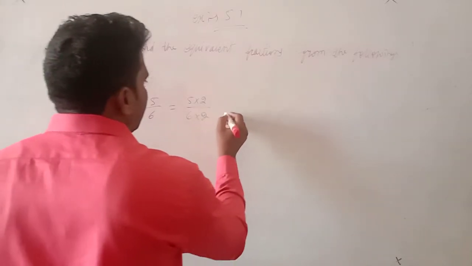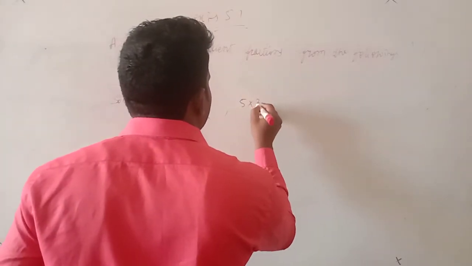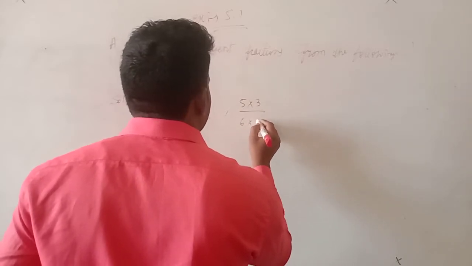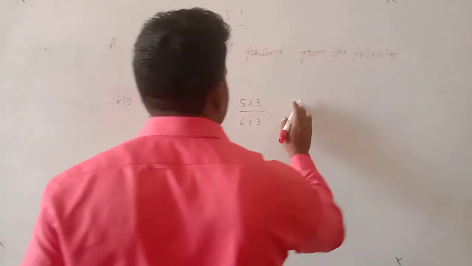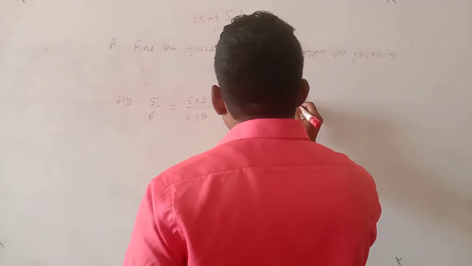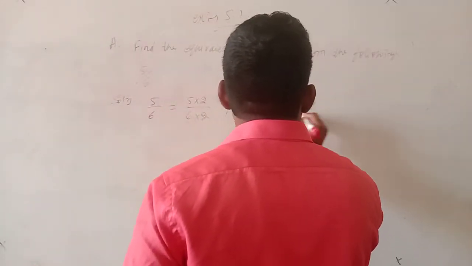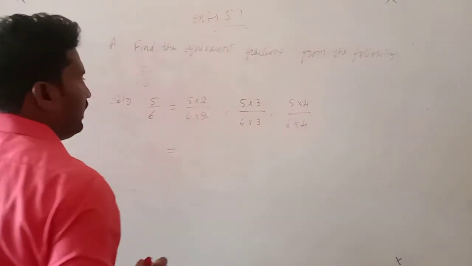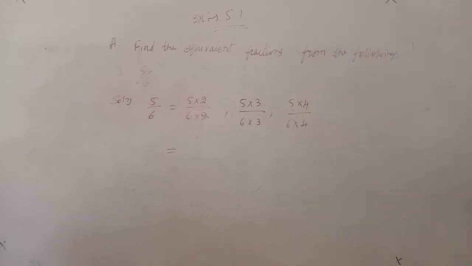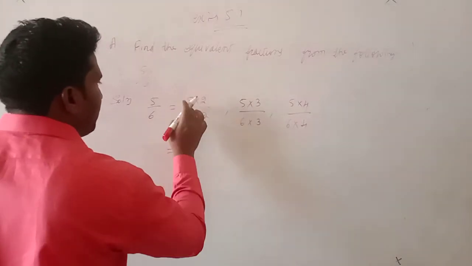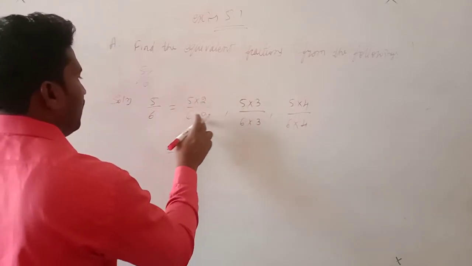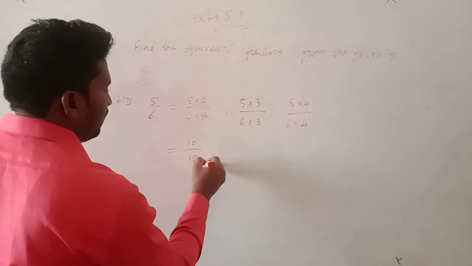Second one, 5 into 3 by 6 into 3. Next, 5 into 4 by 6 into 4. So we are finding three equivalents for 5 by 6. Multiplying 5 by 2 we get 10, and 6 by 2 we get 12.